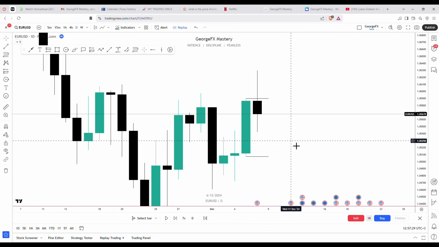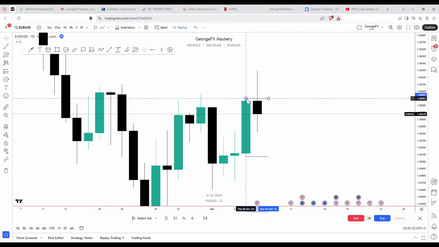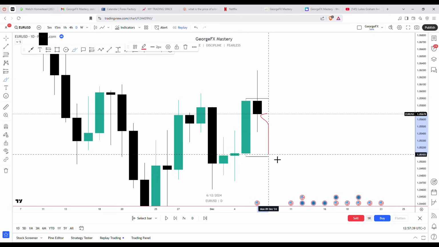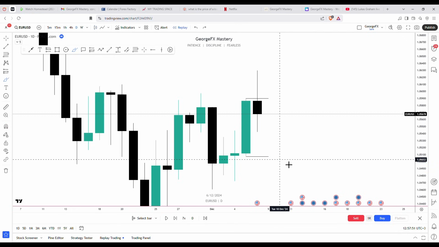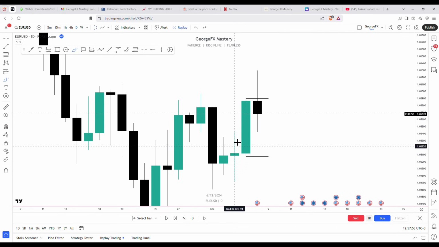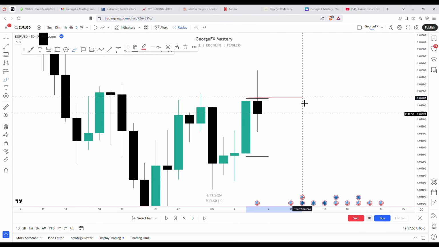So first things first, price has taken out the high and closed below, so you will be expecting the next candle, or the next 2 or 3 candles, to drop and take out this low, because price has taken out this high and closed below it.